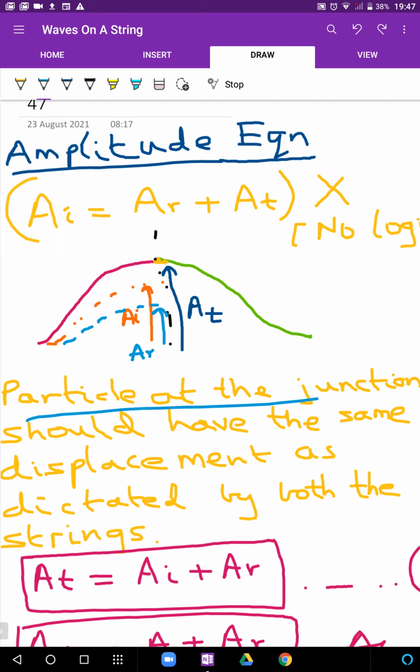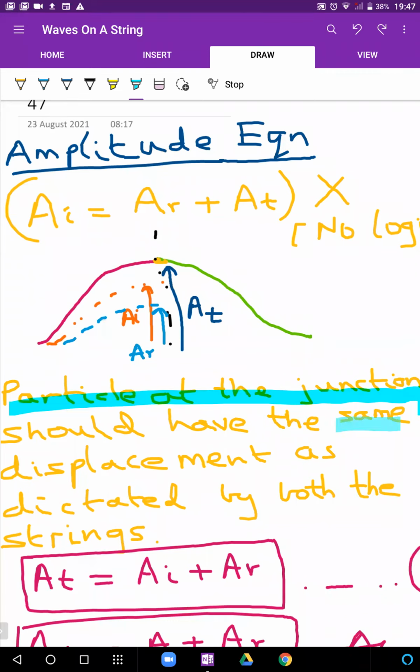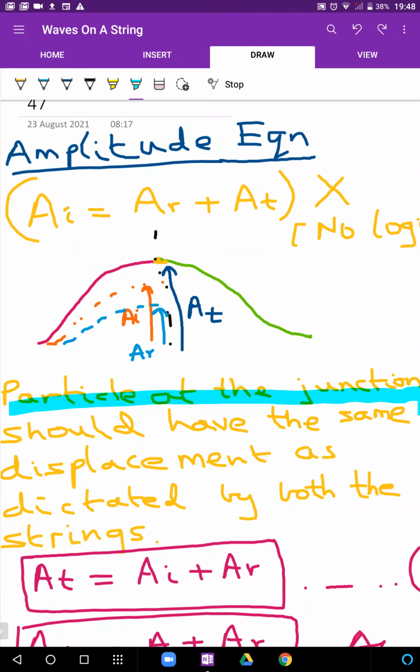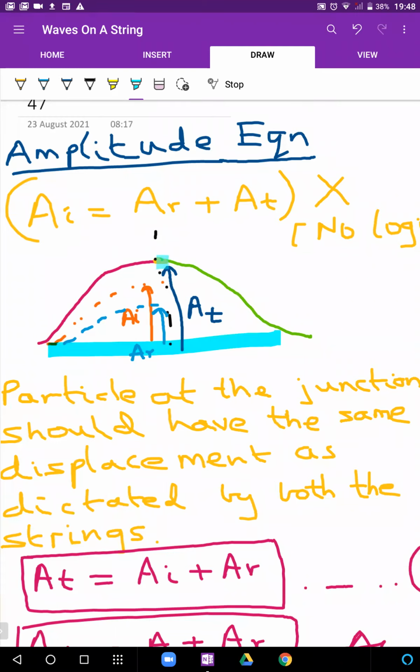Okay, let me read what is written here: particles at the junction should have the same displacement as dictated by both the strings. So at the junction, the particle should have the same displacement as dictated by both the strings. The particle's displacement as dictated by the green string is 80.